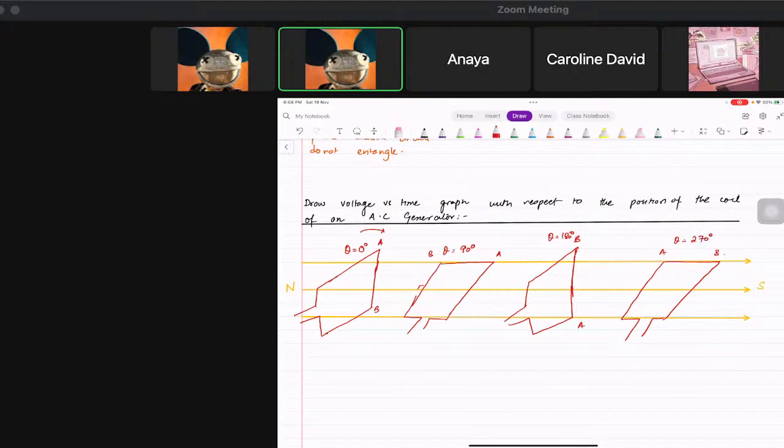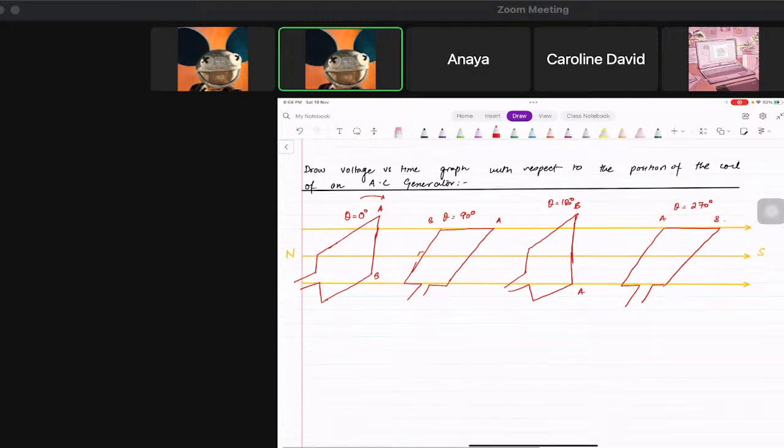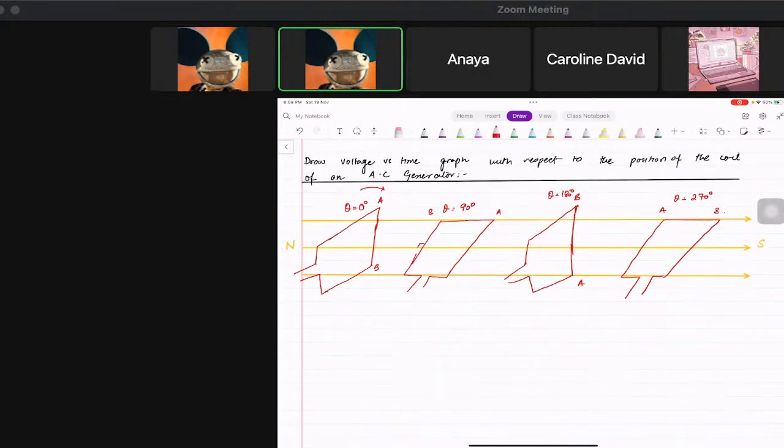And so on, right? So what I want you to understand is how voltage is induced when you draw a graph.